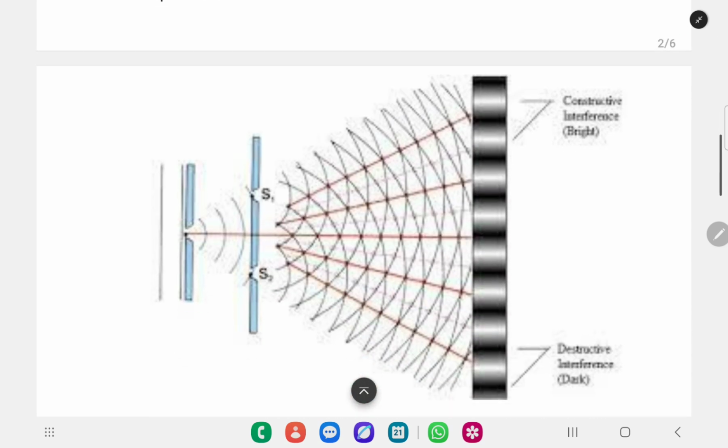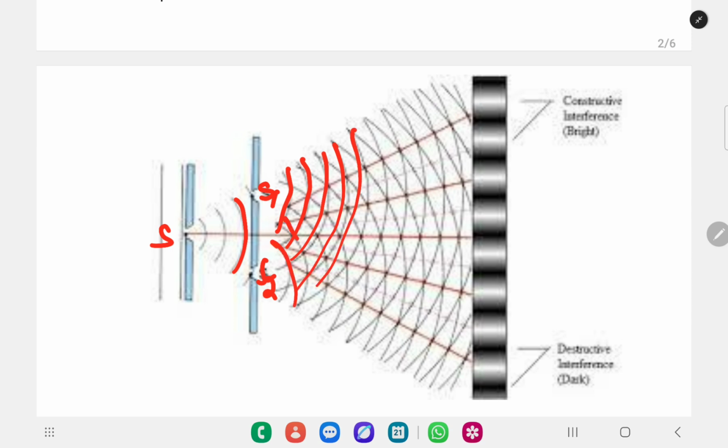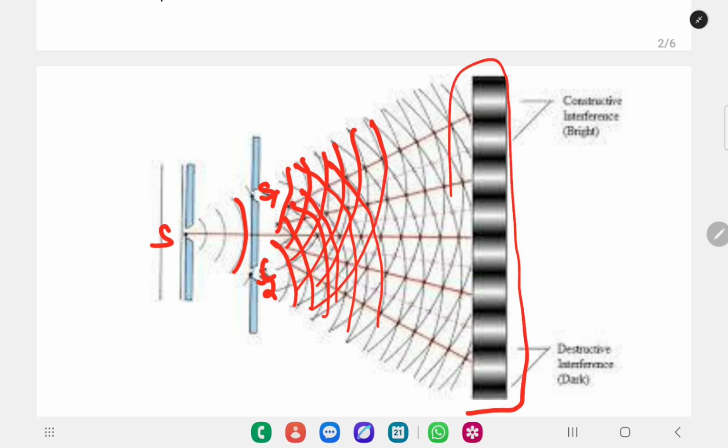You can see the diagram over here. This is a single source. From the single source you are getting two coherent sources, and you can see the wavefronts being divided and overlapping with each other, which forms interference and gives us the interference pattern.